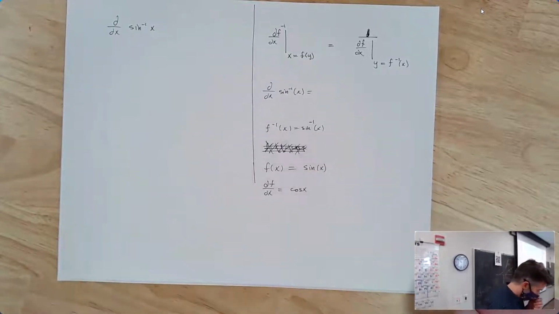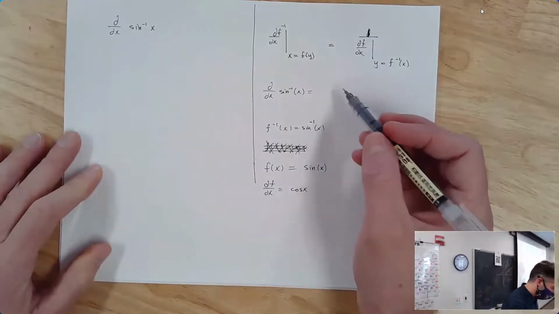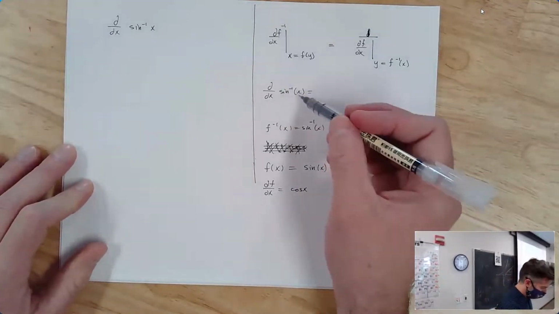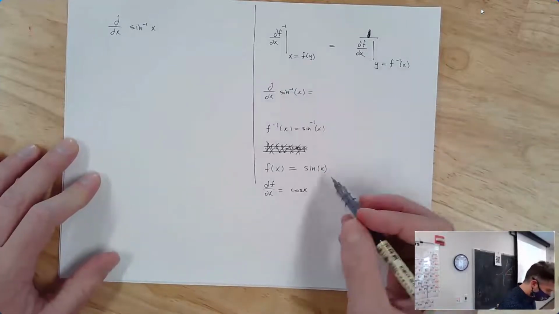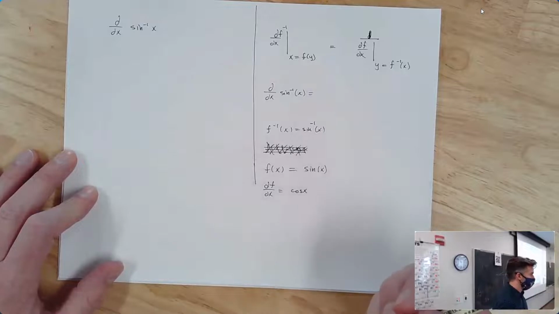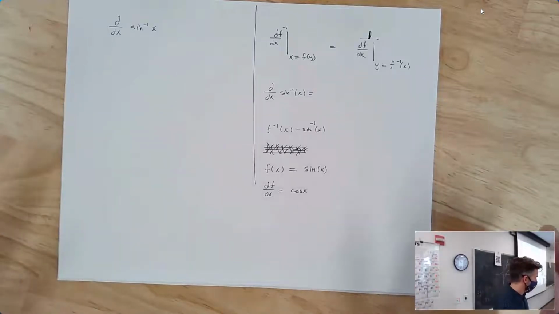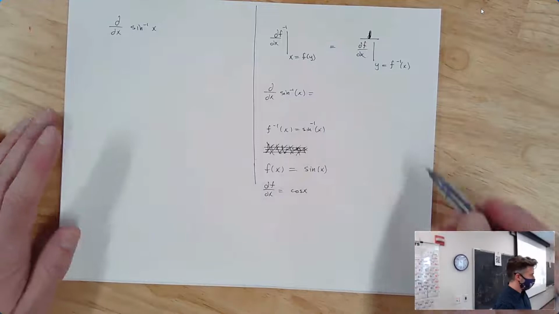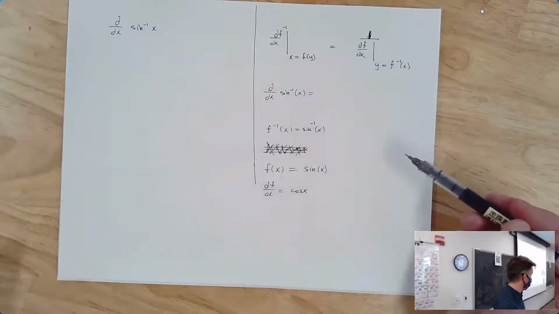Okay, but now here's the thing that's a little bit wonky. I'm trying to find the derivative of inverse sine at x, and it's going to be cosine of the inverse of x, right? Which I know is kind of weird. This is where it kind of starts to fall apart.